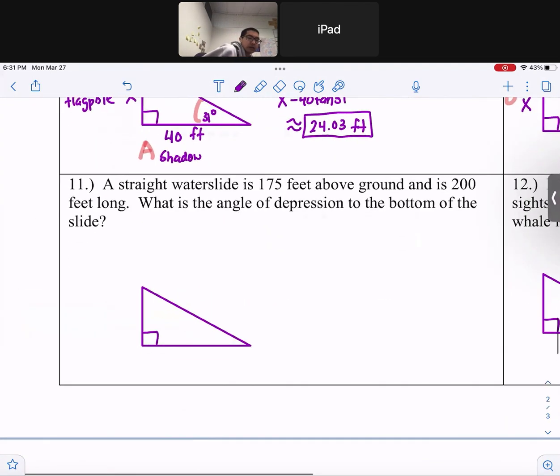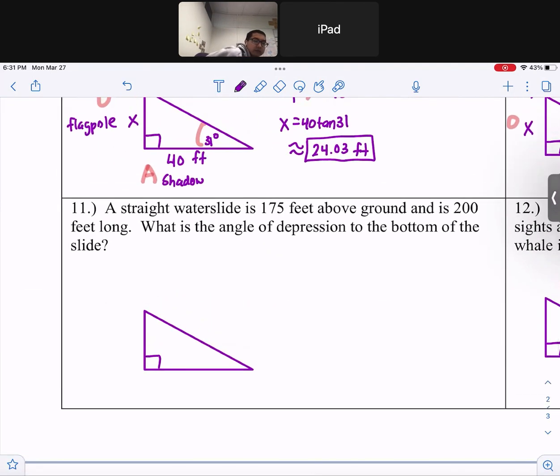11. Okay, a straight water slide is 175 meters above the ground and is 200 feet long. What is the angle of depression to the bottom of the slide?